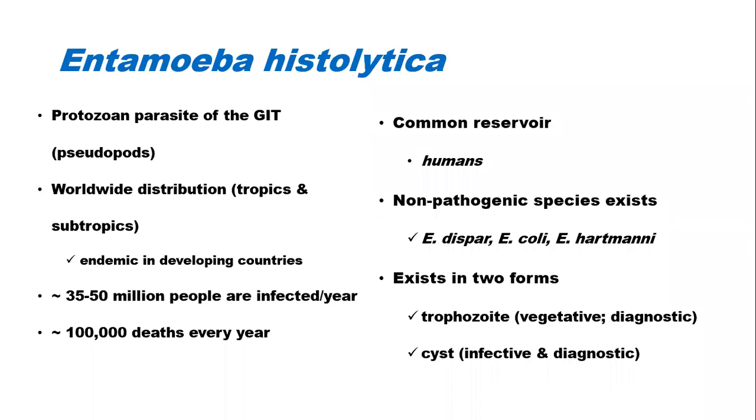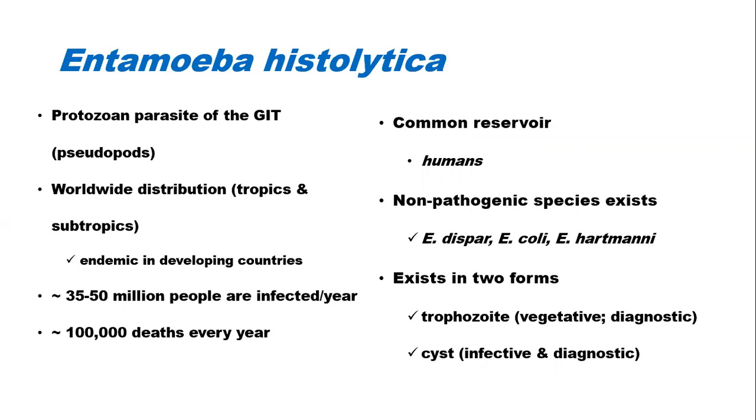That's why it's endemic in developing countries. About 35 to 50 million people are infected per year, and over 100,000 deaths every year are attributable to this parasite. Humans are the reservoir. This is in contrast to Giardia lamblia, where you can have animals serving as reservoirs.